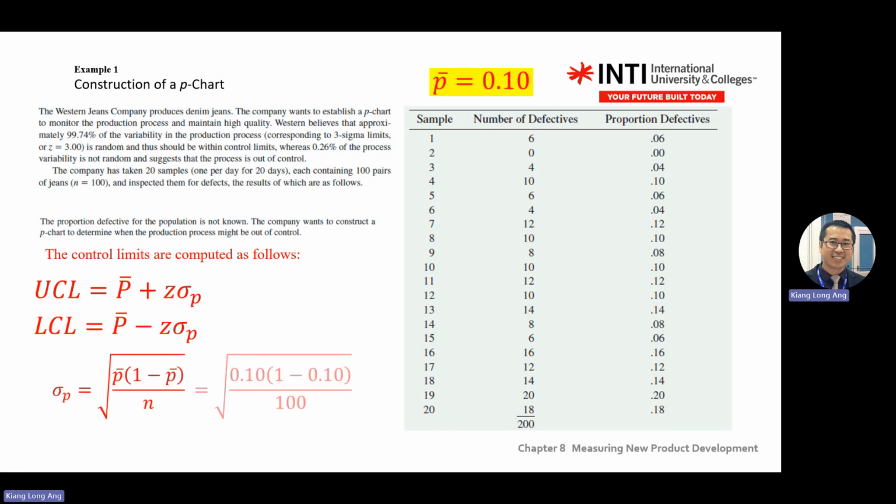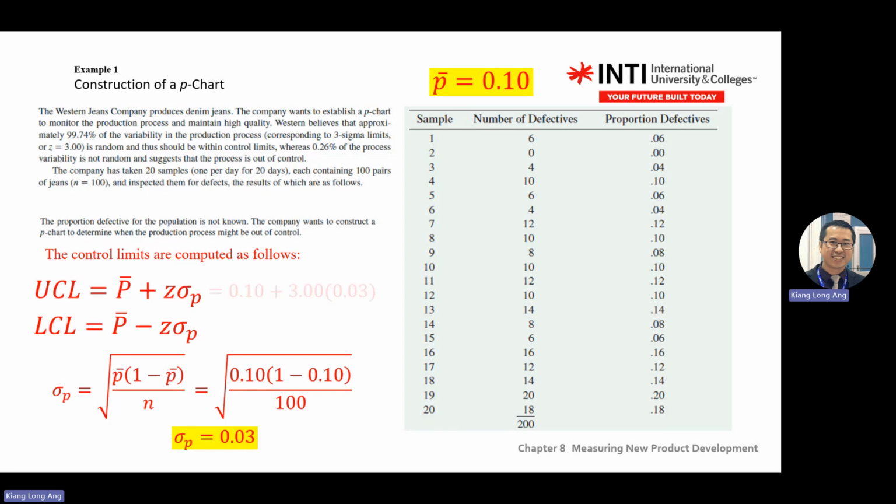So you put it in there. P just now is 0.1, so 0.1 times bracket 1 minus 0.1, divided by 100, you get sigma equal to 0.03. So you substitute this value here and this value here, and you plot the graph.